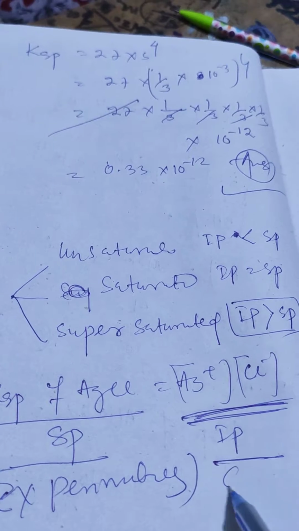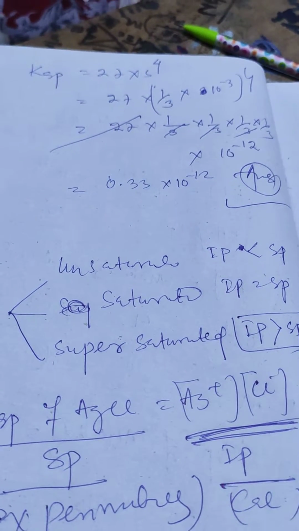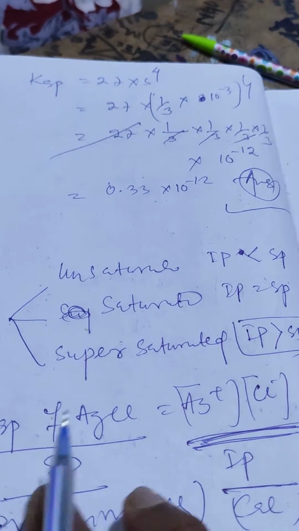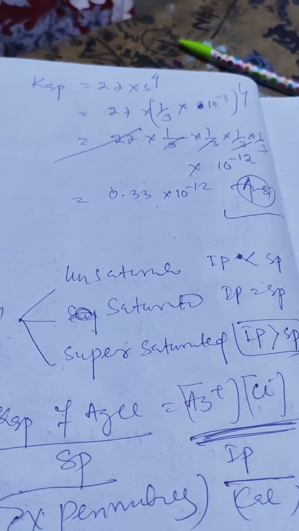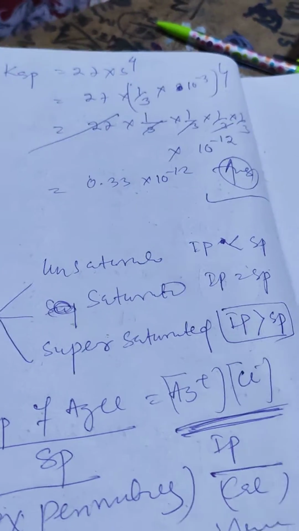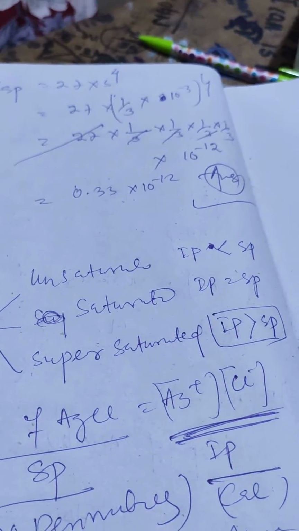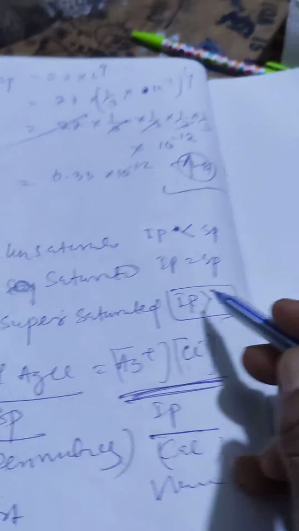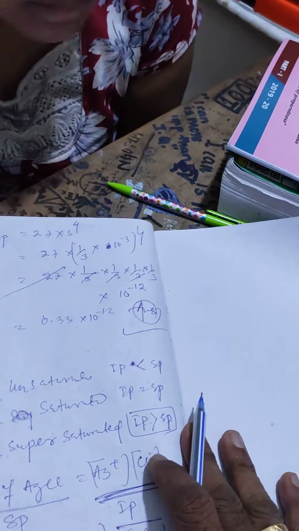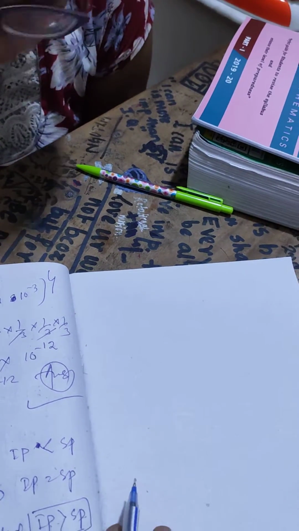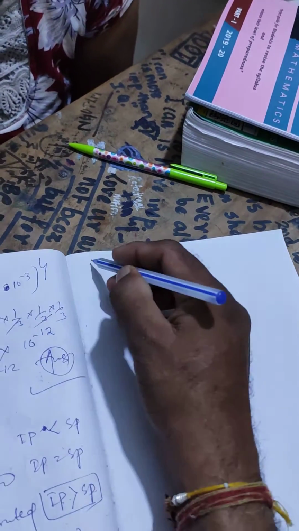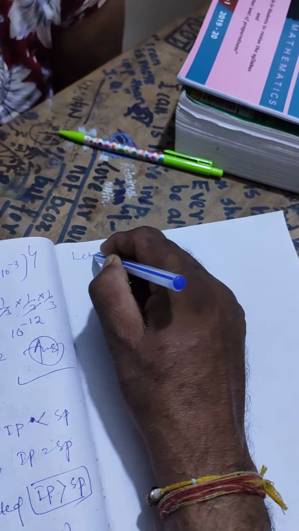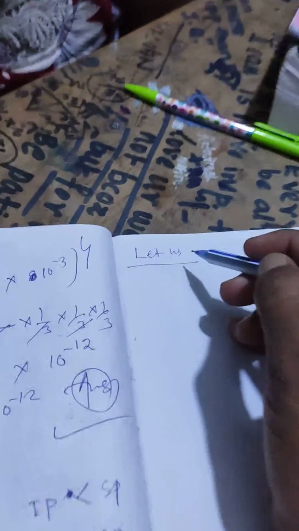But ionic product is calculated from the ionic concentration. That is a variable one, but this is constant. So when the ionic product exceeds over the solubility product, then the precipitation takes place. So with one example, we can understand this concept.